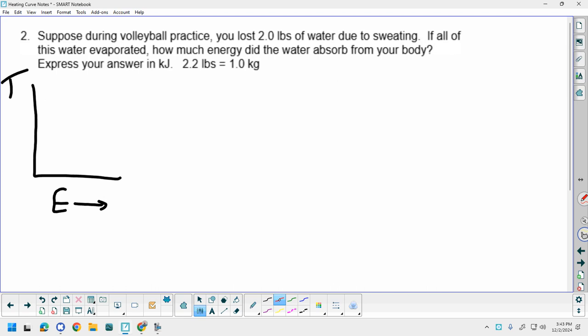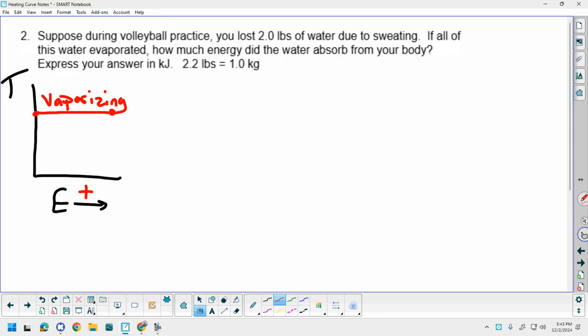So that tells me that I've got liquid that is vaporizing, and so I have a state of matter change. Since I'm vaporizing, that means I must be adding energy to the sweat to make it evaporate.